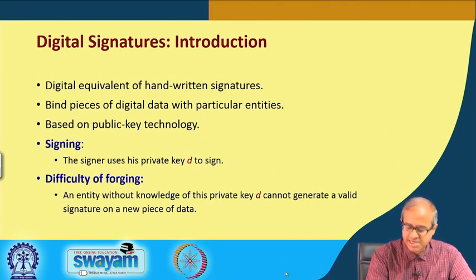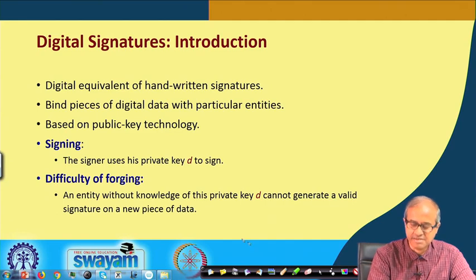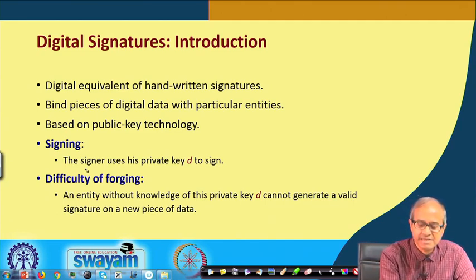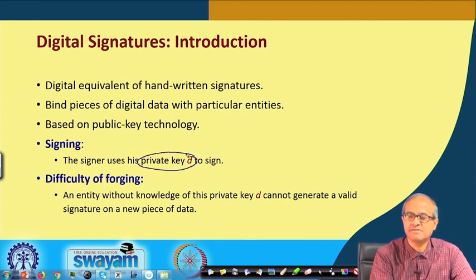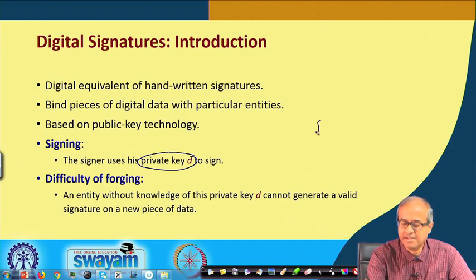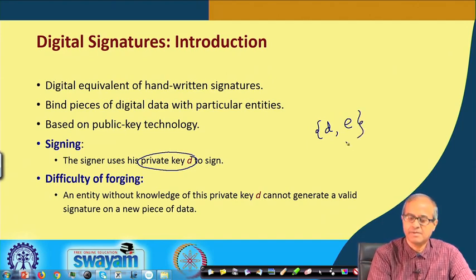So, for generating the signature, the person who is signing, suppose I am signing, I must be using my private key. You recall every individual will be having a private key and a public key. For signature the person will be using the private key, which is not available with anyone else.